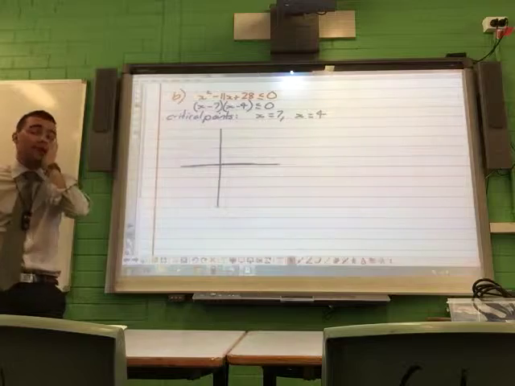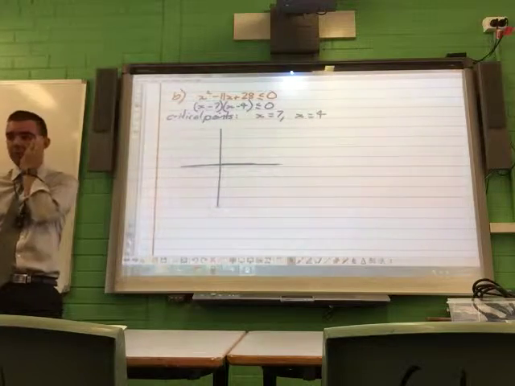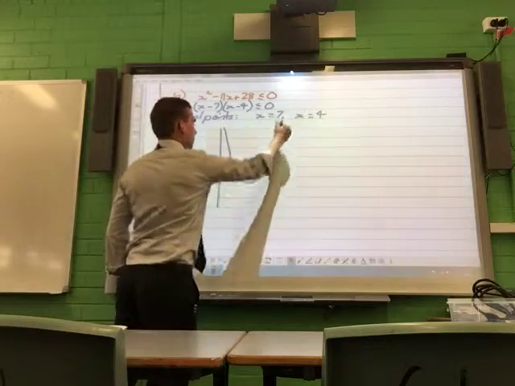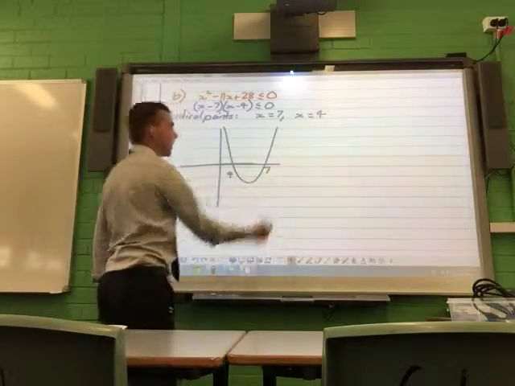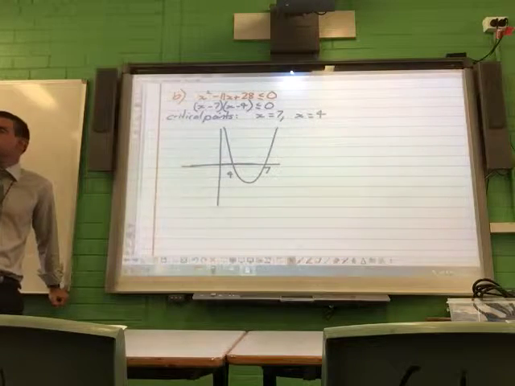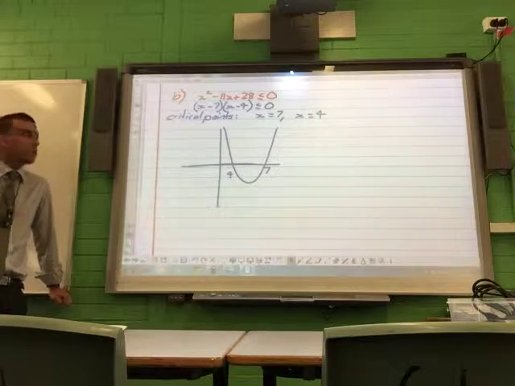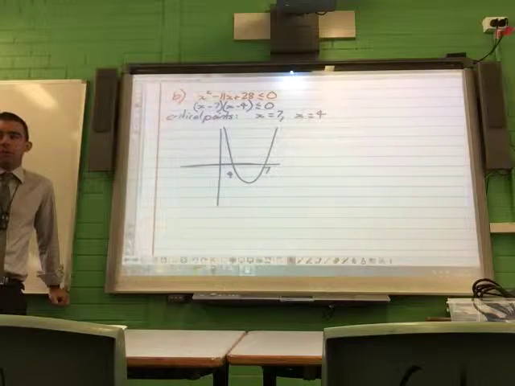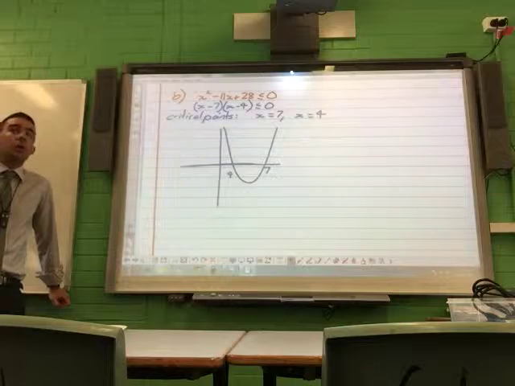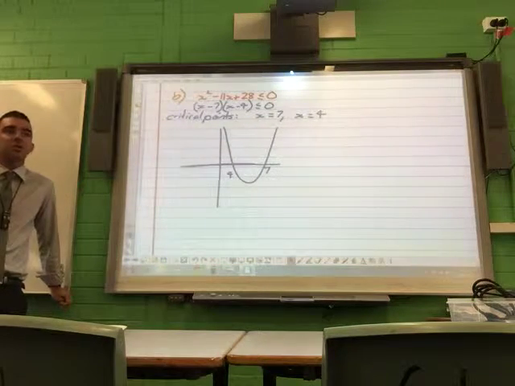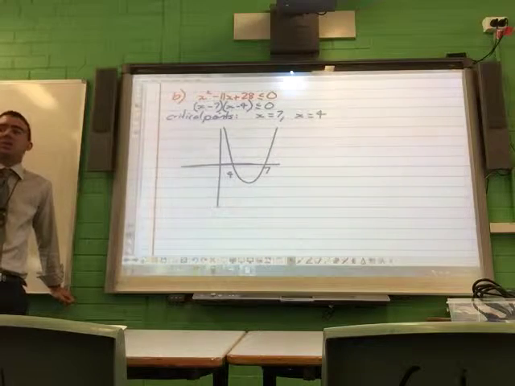Draw the parabola in there first and then label your intercepts. Remember, this is just to help you with your overall solution. You are not getting marked on your graph. When the question asks you to sketch or graph, that's when they're marking you on your graph.